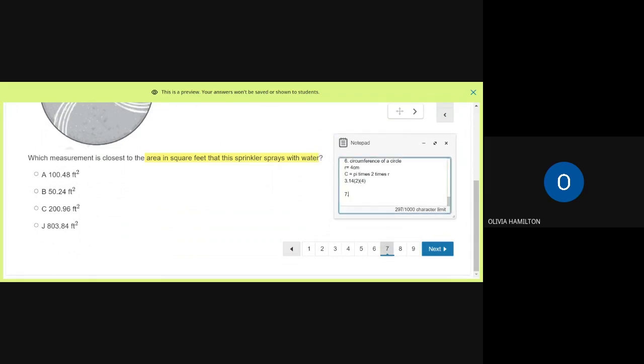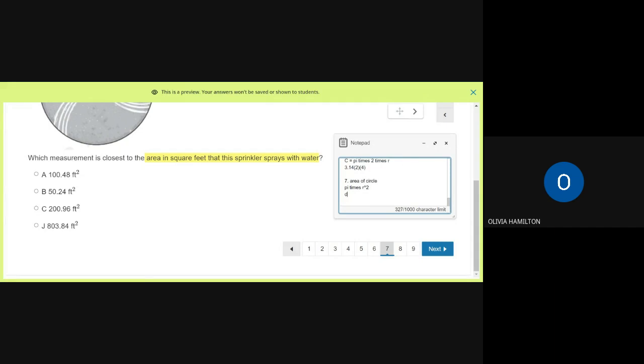So for number 7, we're finding area of a circle, because it says circular, so that's area of a circle. We need pi times r to the power of 2.